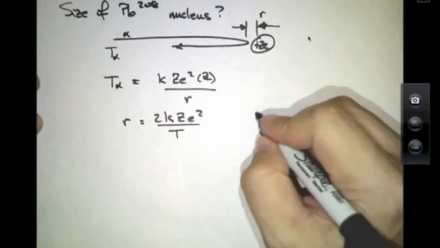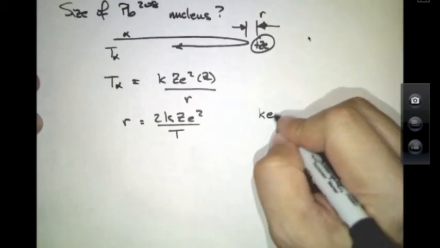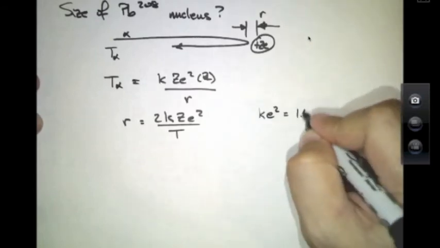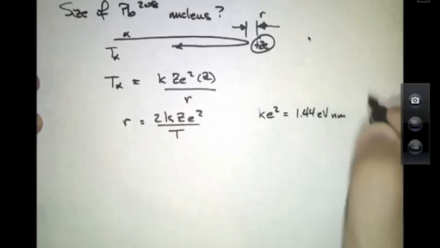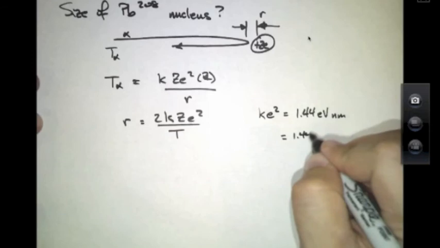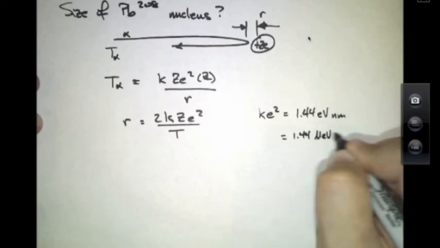Well, it's useful to know that the constant K e squared has a value of 1.44 eV nanometers, or 1.44 MeV femtometers.